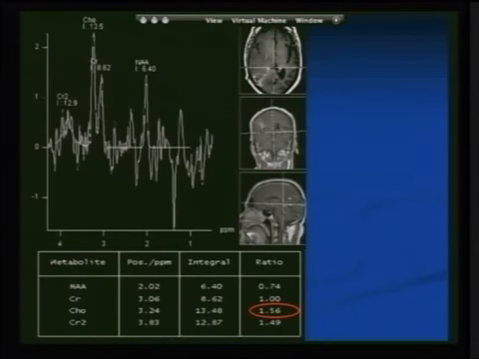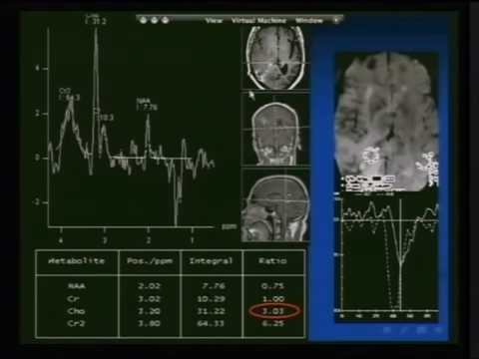By spectroscopy along the lateral area, the NAA and choline ratios are preserved, going towards radionecrosis, while on the medial portion around the ventricle, the NAA is very low, denoting that this is recurrence.